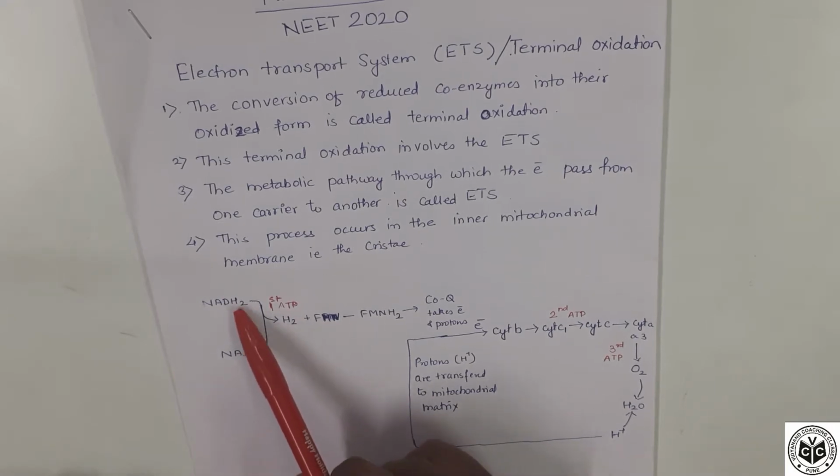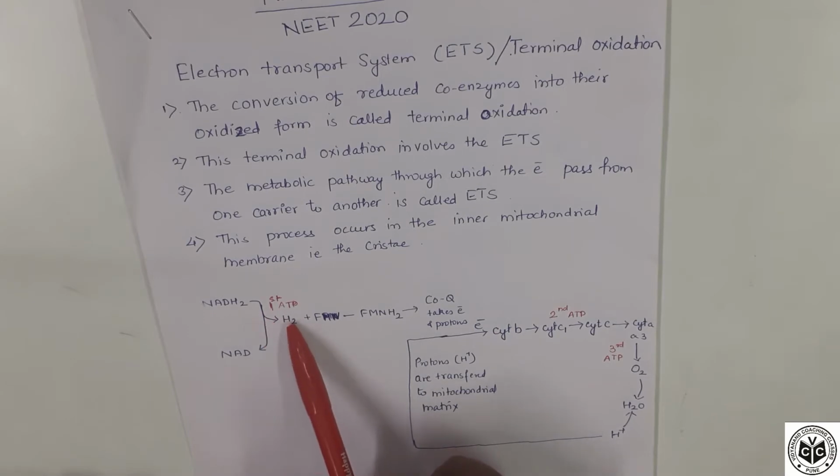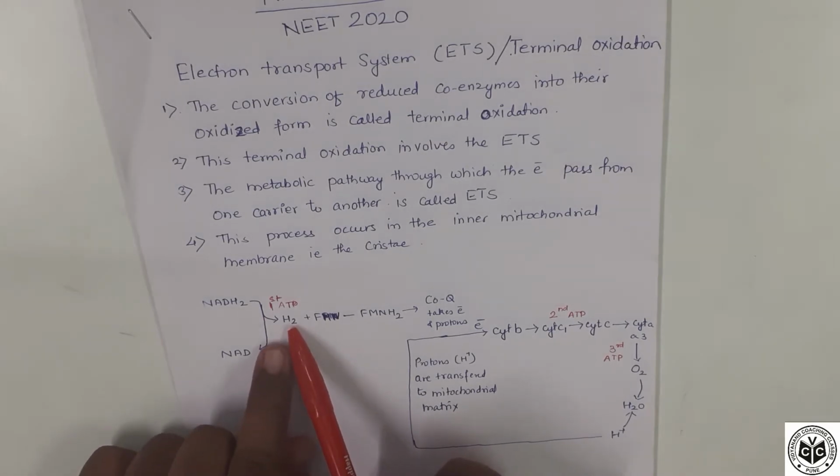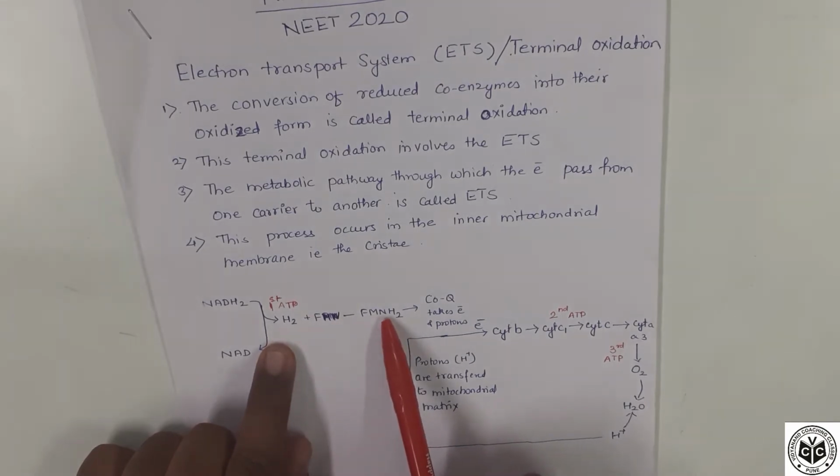So, when hydrogen is removed from any substance, or when oxidation takes place, along with hydrogen ions you have hydride electrons also. So, these protons as well as electrons are accepted by FMN, flavin mononucleotide. After accepting hydrogen, flavin mononucleotide gets converted into FMNH2.